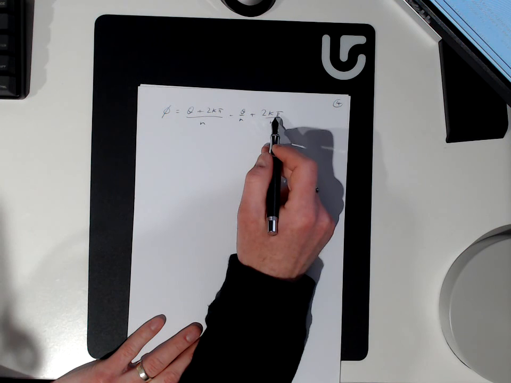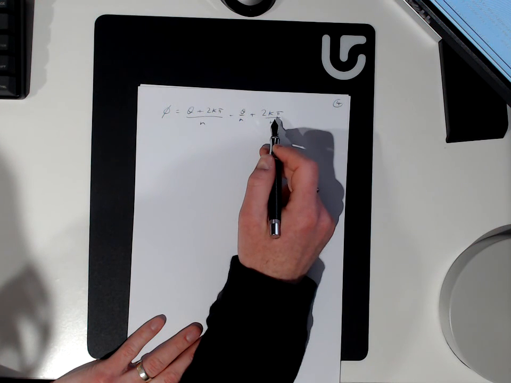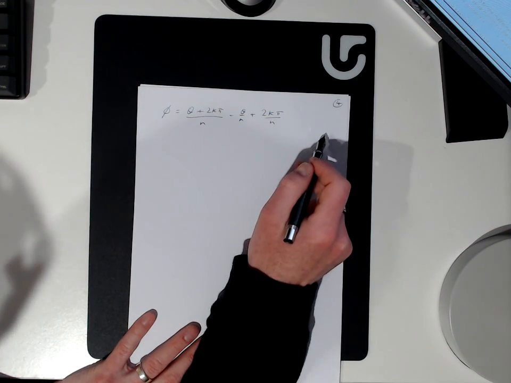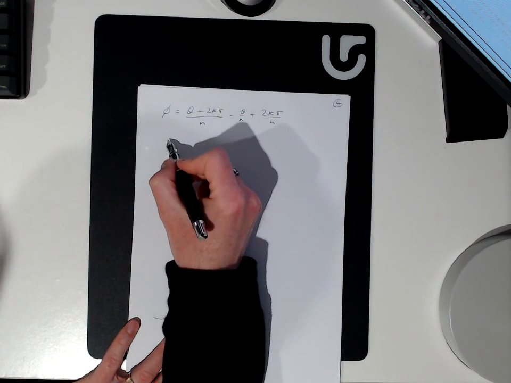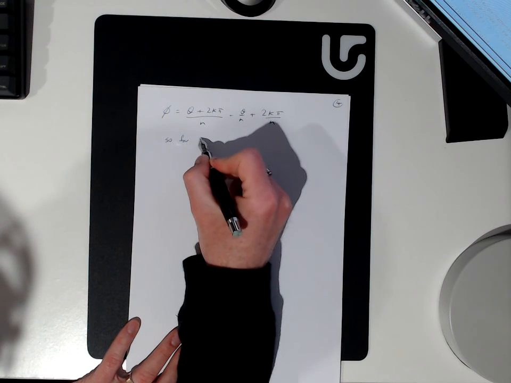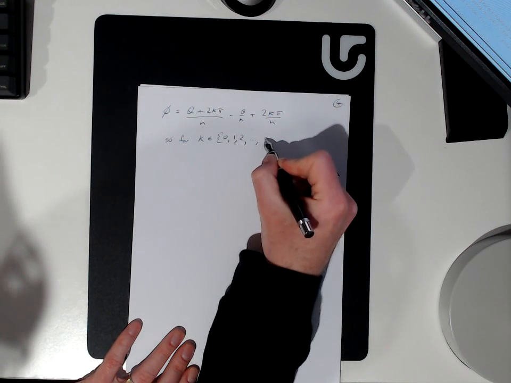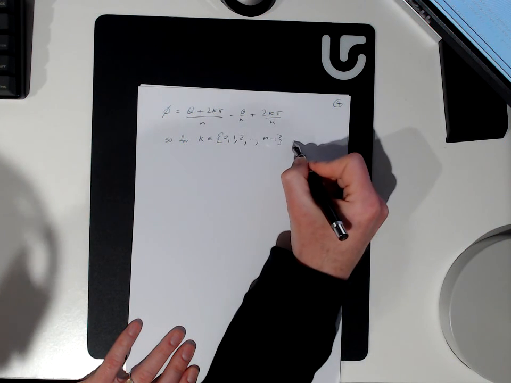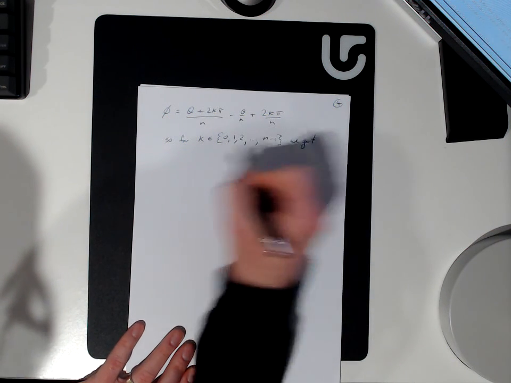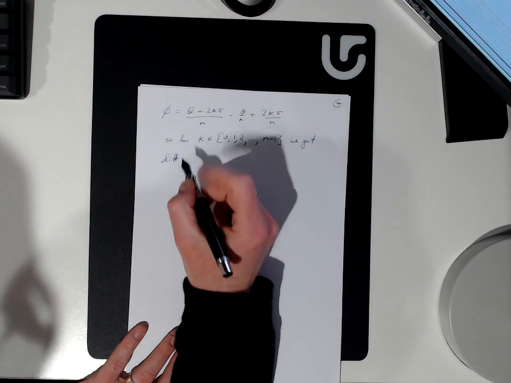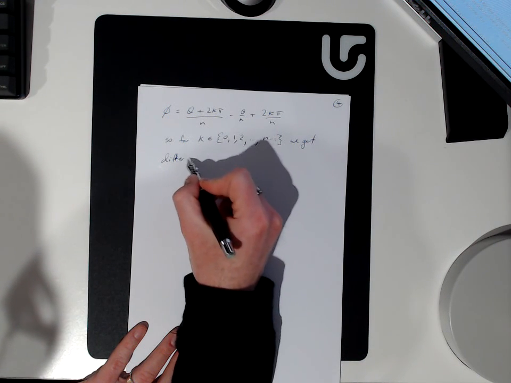Otherwise we're increasing by less than a multiple of 2 pi, which would be a different answer. So for k an element of 0, 1, 2, up to n minus 1, we get different answers. They all have the same modulus, but we have different angles, arguments.